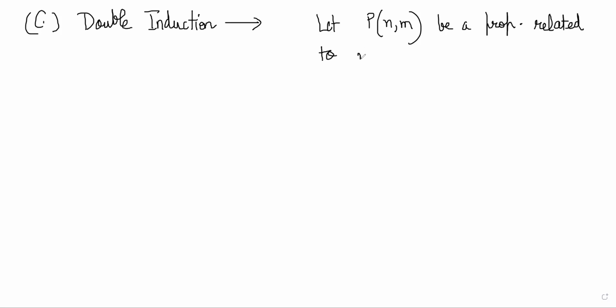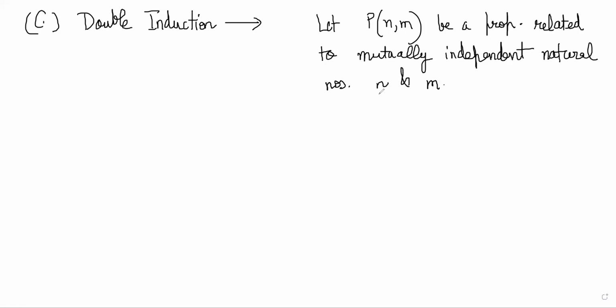In this method, we say let P of n, m be a proposition related to mutually independent natural numbers n and m.